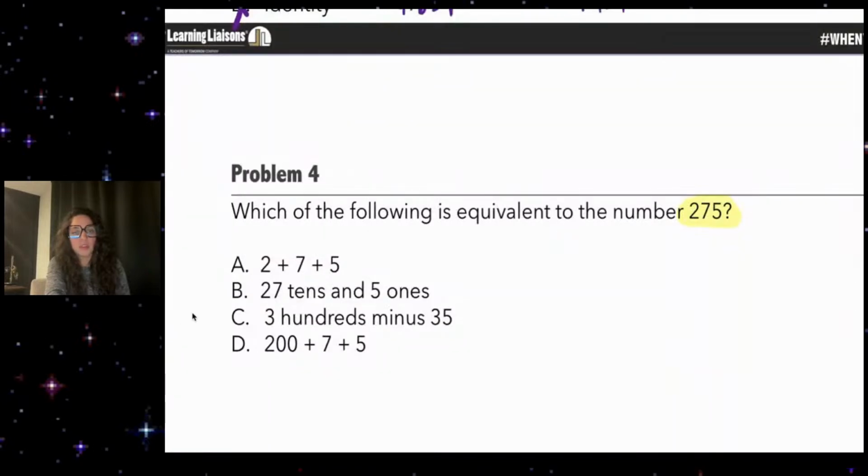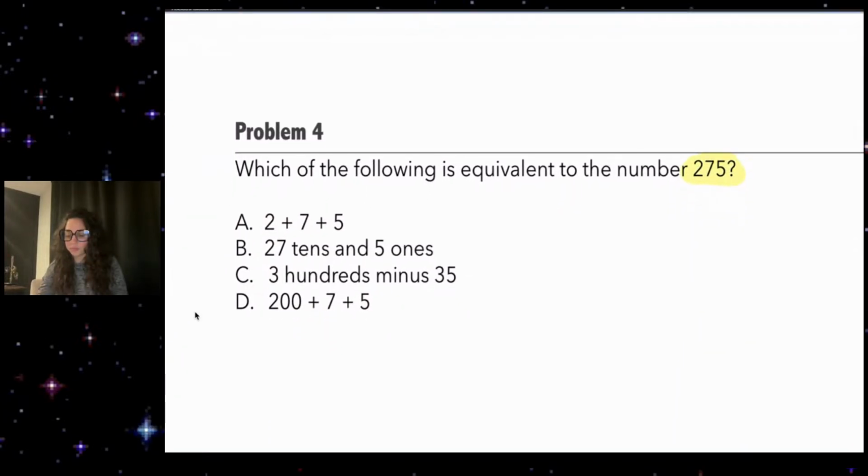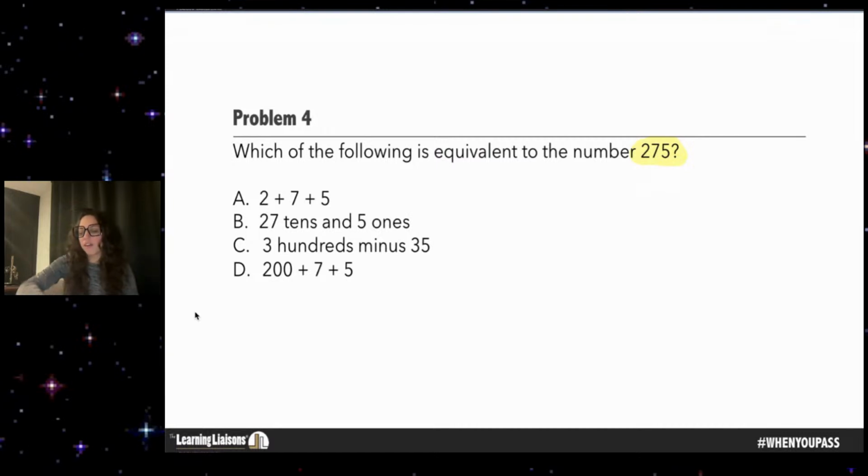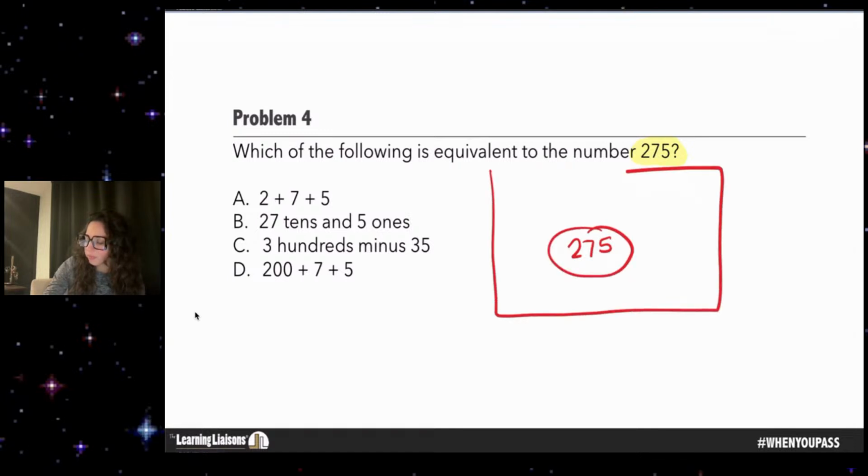All right. So which of the following is equivalent to the number 275? So if I write the number 275 right here, I can represent it in a variety of ways, right?